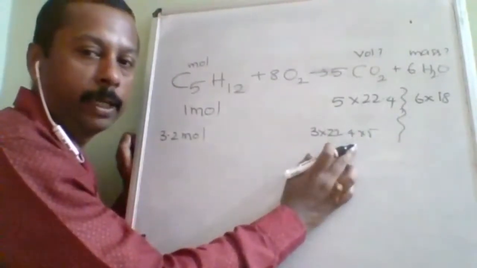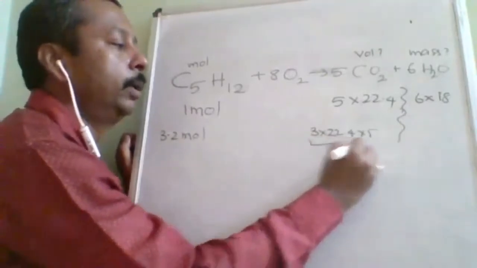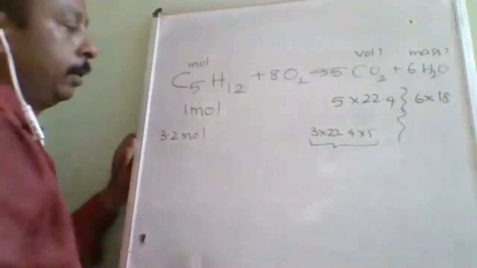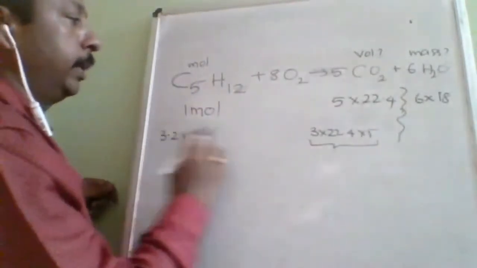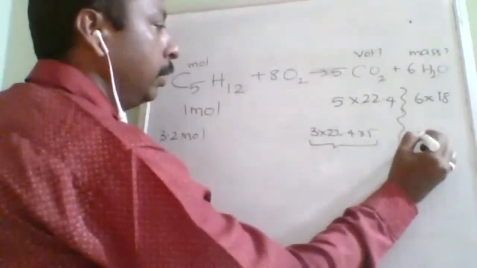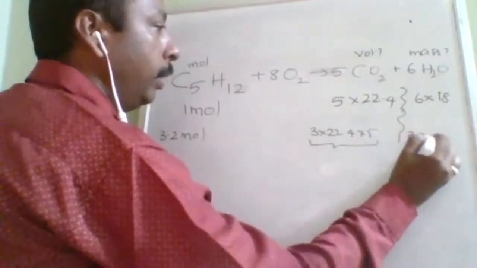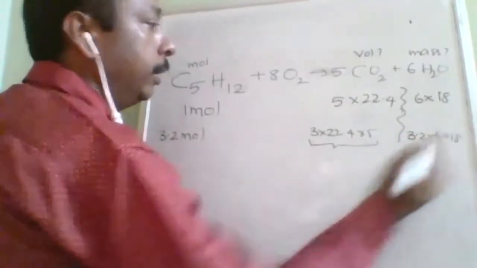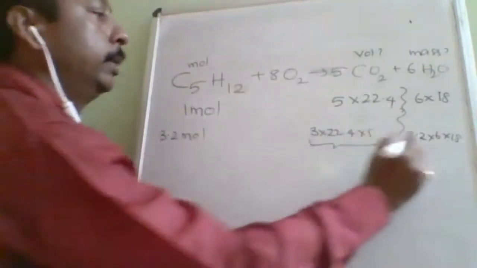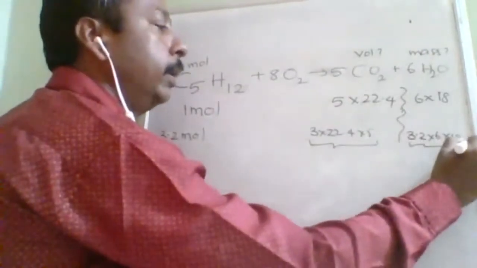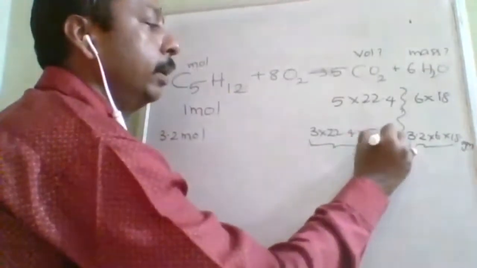This multiplication part you can do afterwards also. Now here, if 1 mole can give you 6 into 18 grams, then 3.2 mole will give you 3.2 into 6 into 18. This answer will be in grams.